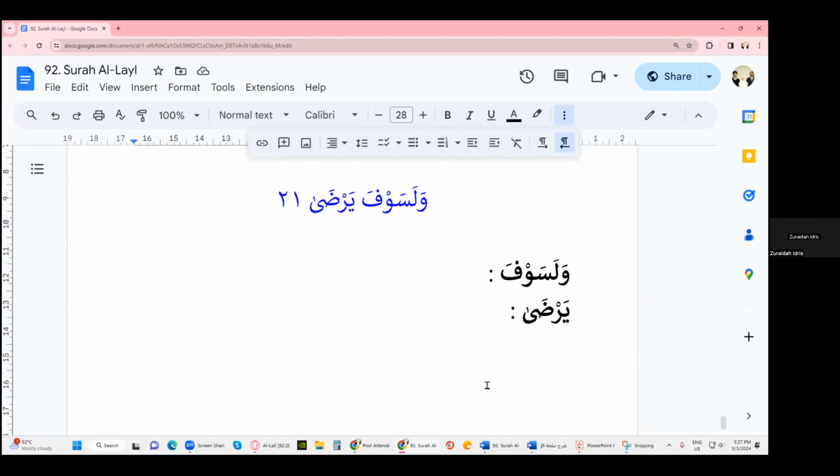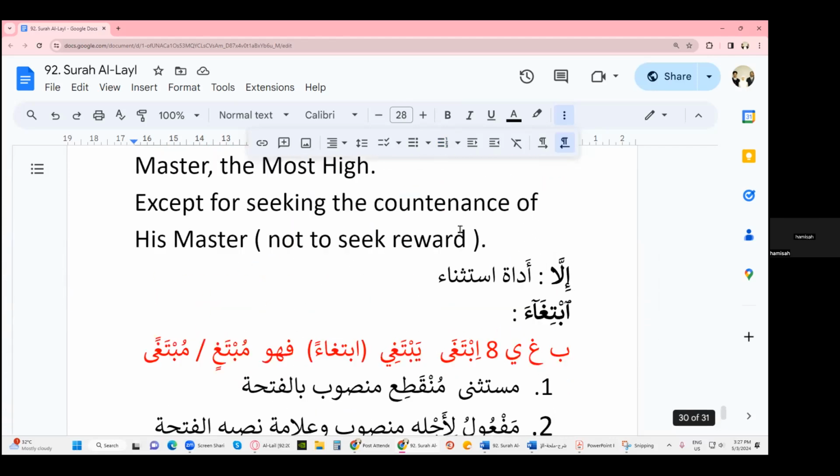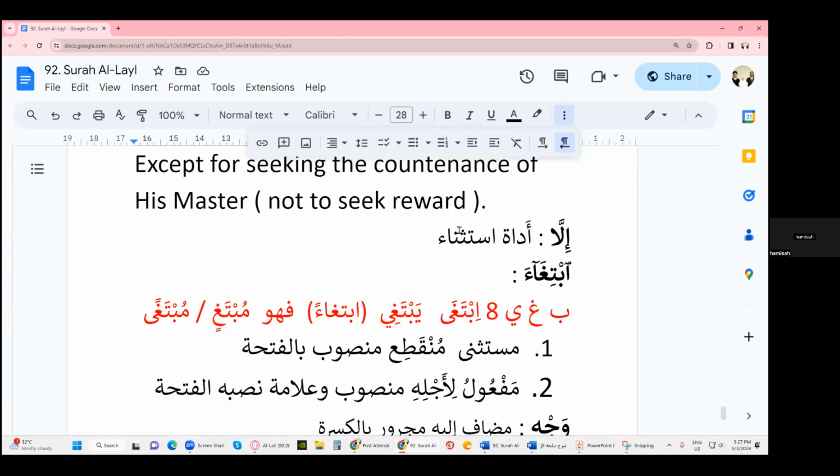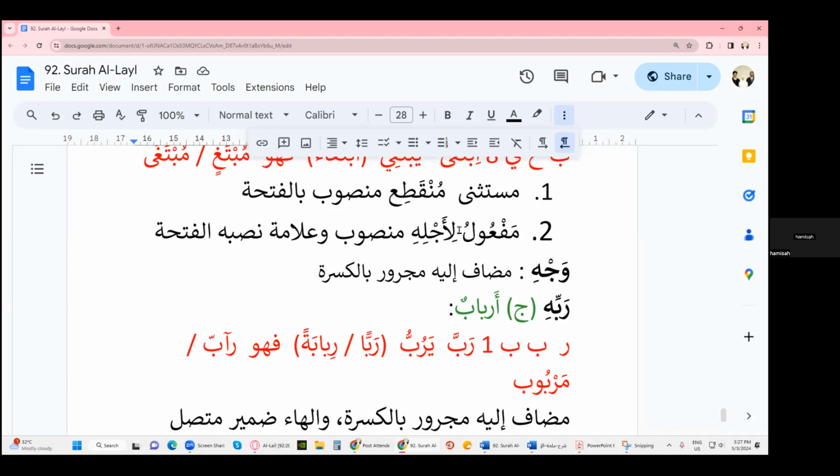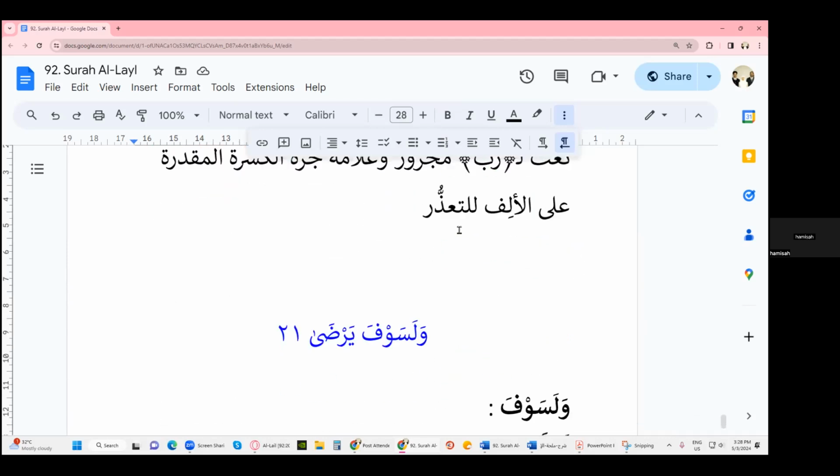Why do we say it's istisna? Is it a new sentence? In content it's related. The whole surah is related, but in ayat, maybe it's not seeking. Atau then.